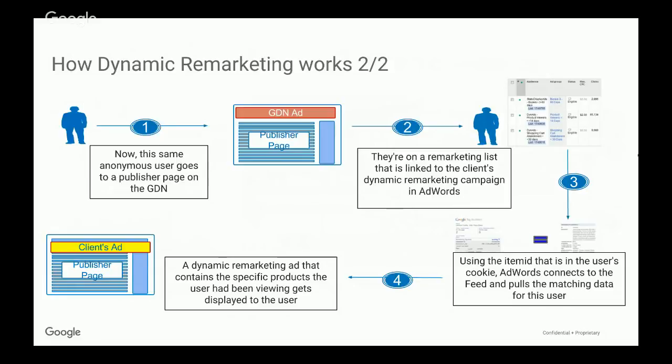So basically, using the item ID that is in the user's cookie, AdWords connects the same product, the same service that has been viewed, to the feed, and pulls the matching data for this particular user. So a dynamic remarketing ad that contains a specific product the user had been viewing gets displayed to this user.